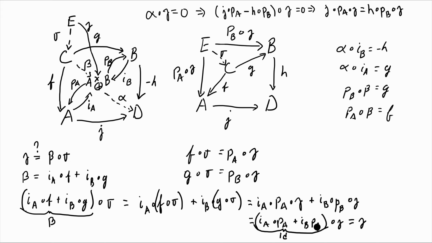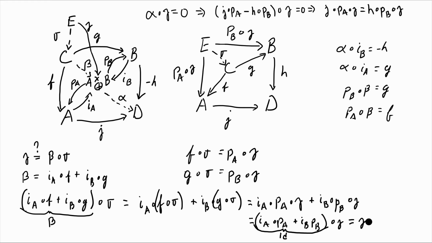You get the proper commutativity on this side as well as this side that you need. So it's the unique map that makes this work. It is going to be equal to the identity map, and so then you end up getting sigma as desired.